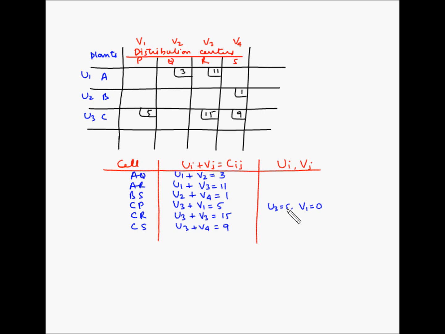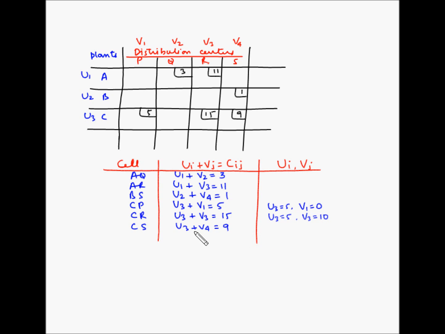Now let's put it in this equation: 5 plus V3 is equal to 15. So V3 is equal to 15 minus 5, we'll take the 5 on the other side. So V3 is equal to 10. So U3 is equal to 5 and V3 is equal to 10.